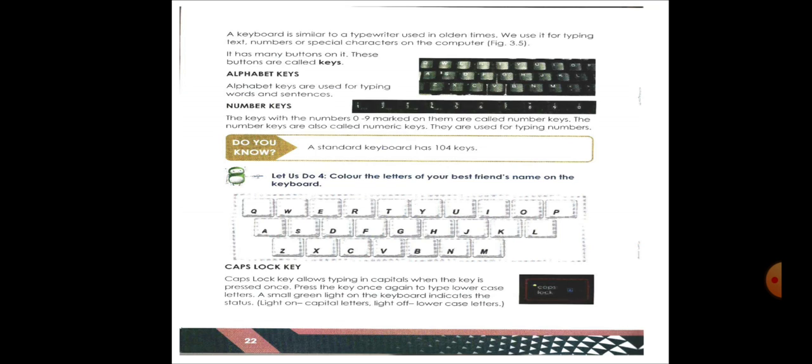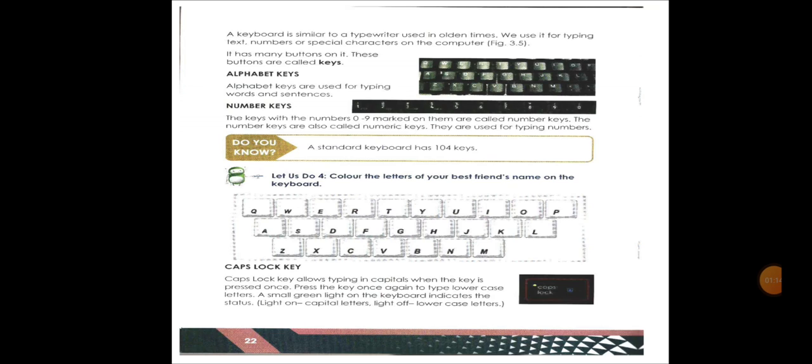The first group is alphabet keys. The alphabet keys appear in three rows below the number keys. When we press these keys, the alphabets are displayed on the screen.